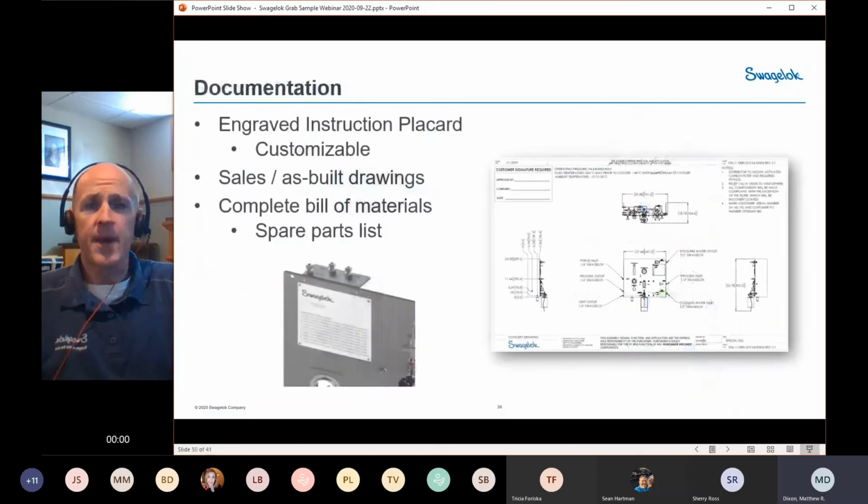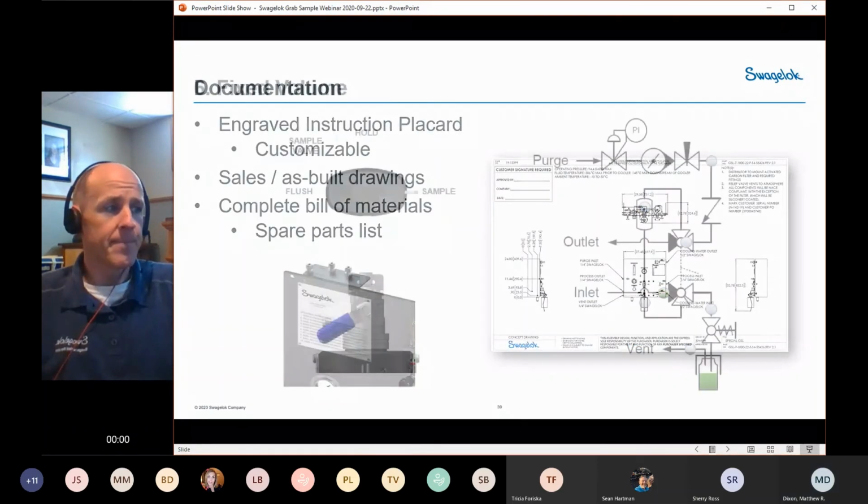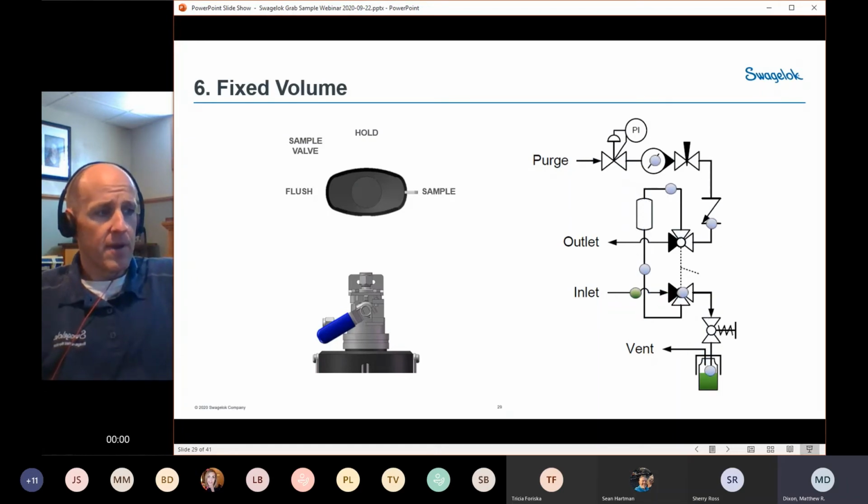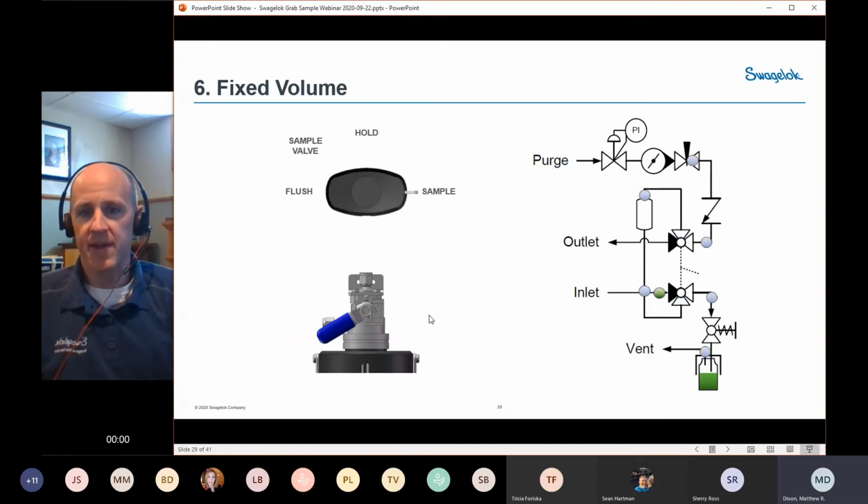Hey Matt, is there a pressure limit on the incoming pressure to a GSL? I know obviously when you get to the bottom you want to be atmospheric, but what would be the pressure limit without the fixed volume? Yeah, so this valve itself, the sampling valve itself, is I believe rated to 2200 psi.